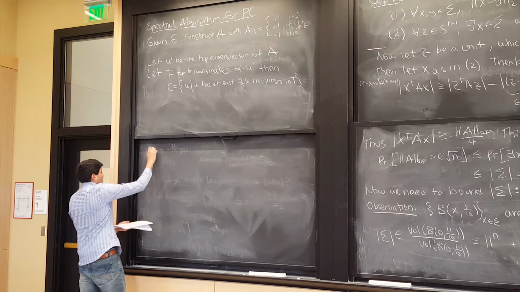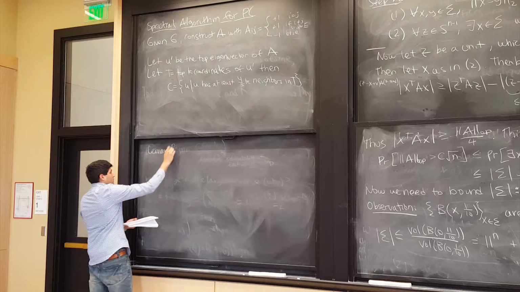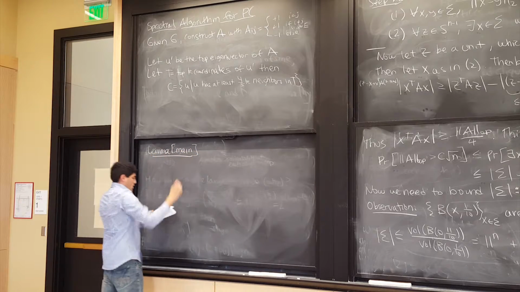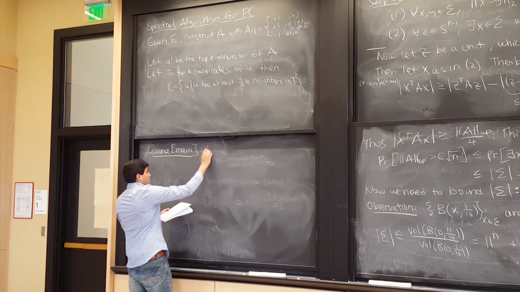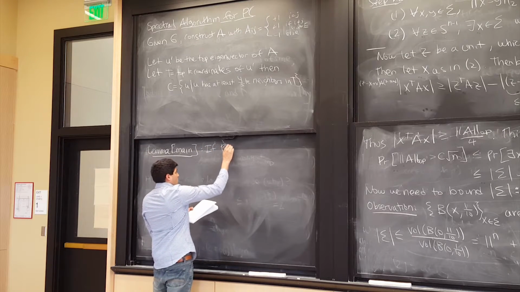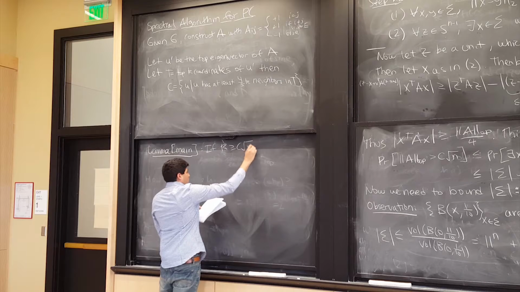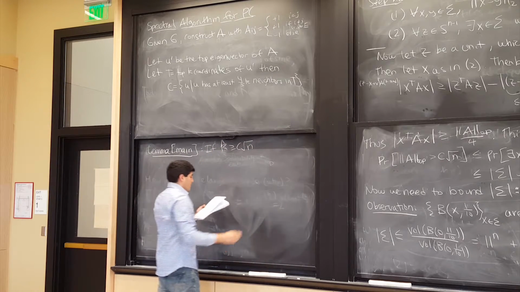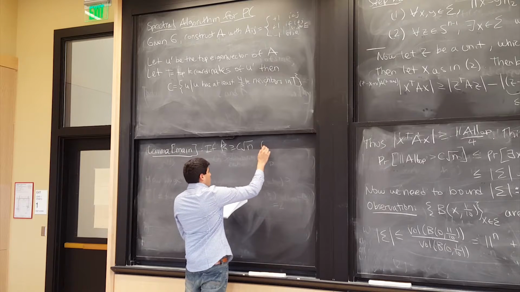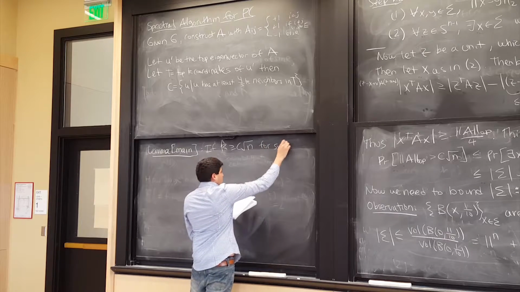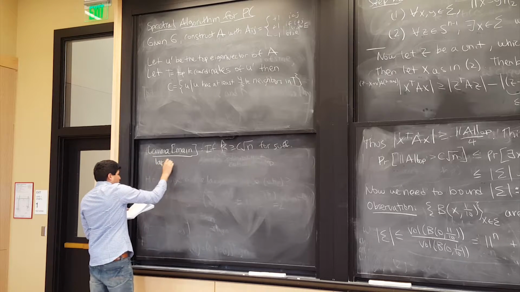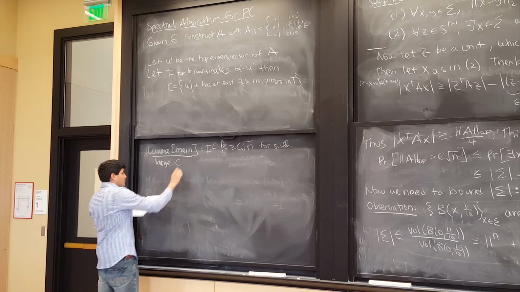The first is the main lemma, which says that if K, the size of the planted clique, is large enough, then, again, all this holds for sufficiently large constant C. I don't really care about what that constant is.